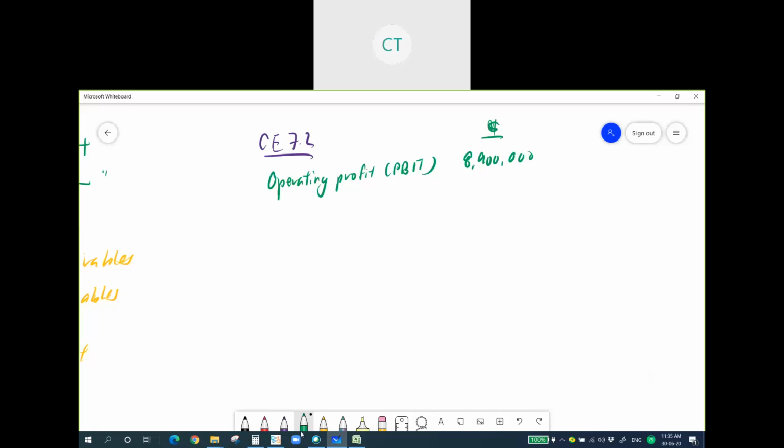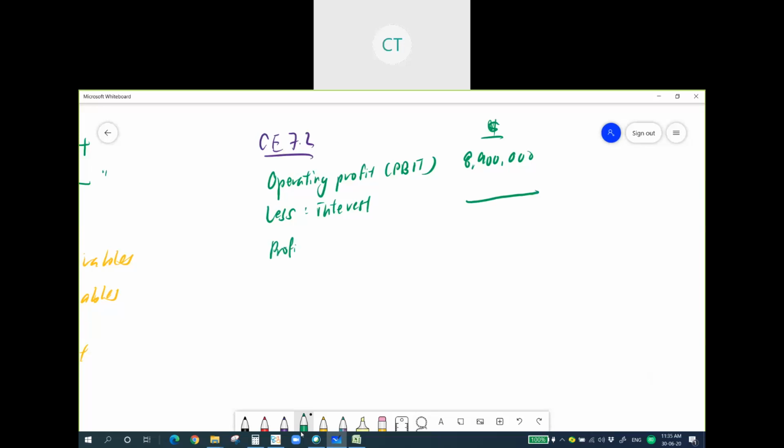We know after the profit before interest and tax, we will minus the interest expenses. But what is the interest expense? We don't know. So we put a blank first. After that, we can get what?